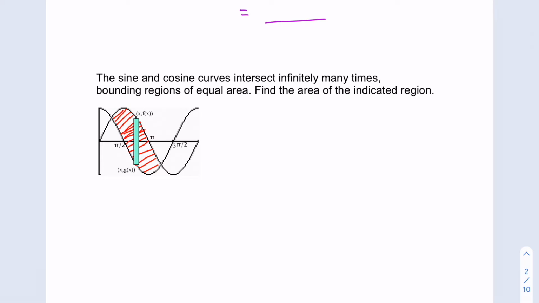Look at this one. So given sine and cosine functions, because they intersect many times, how do we find the region between this point and this point? So first, we are going to find the intersection between 0 and 2 pi.